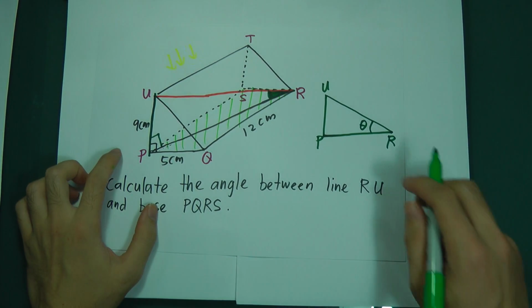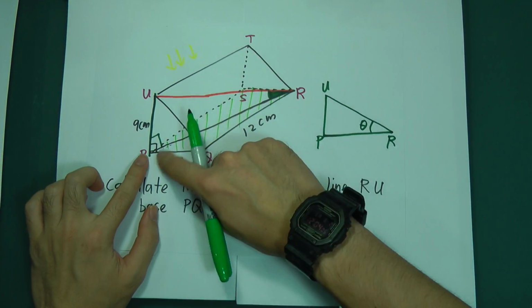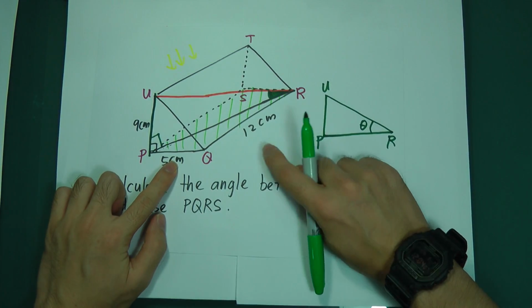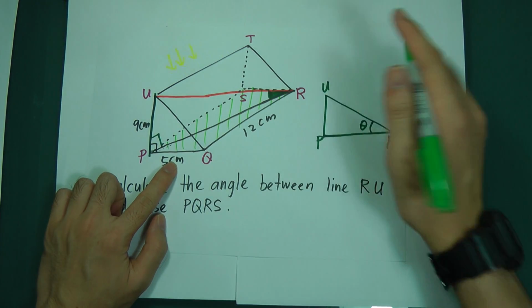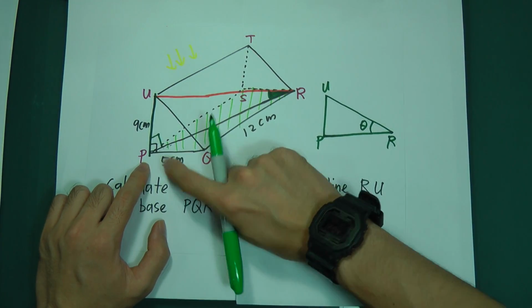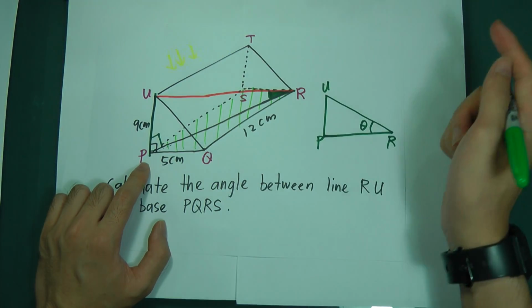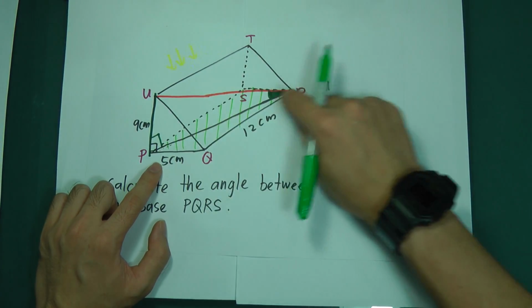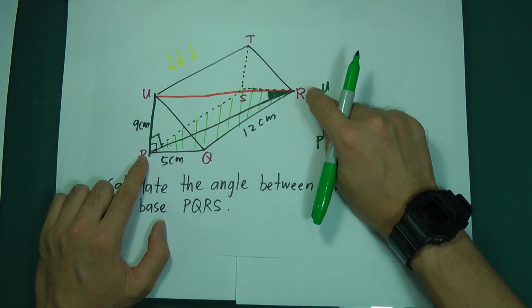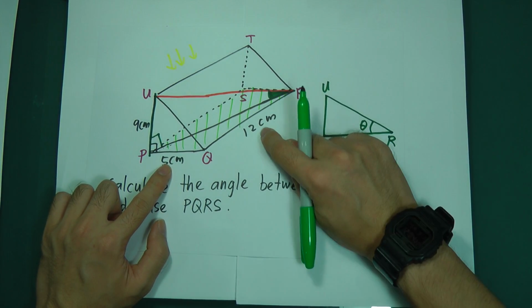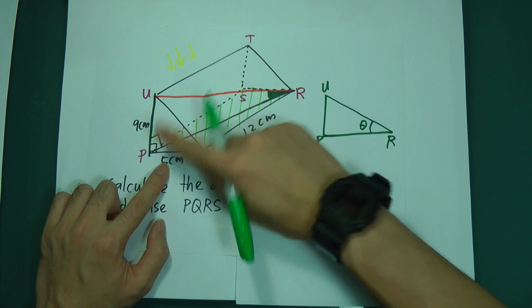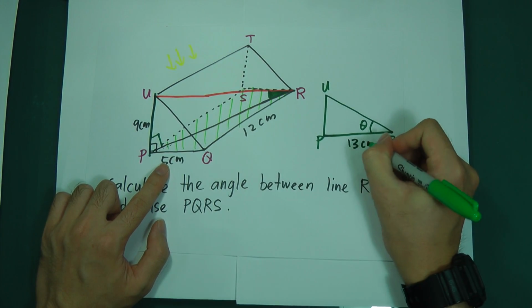Then I have some information. Because this is a rectangle, this is 15, 13, so this line over here will be 13. This is 5, this is 12, so over here will be 13. This is Pythagoras. If you do not know how to get PR, you can just use 5 squared plus 12 squared and then square root the whole thing, you will get 13 cm.